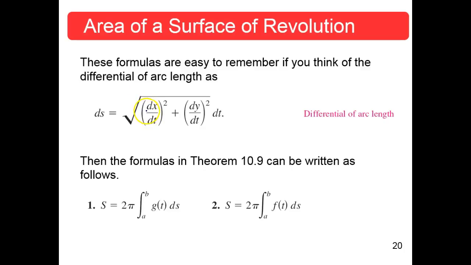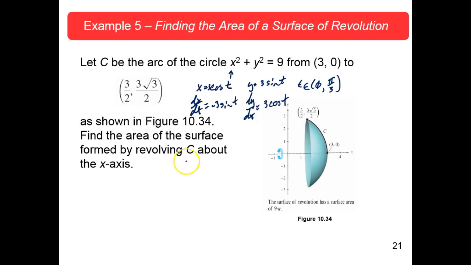So dx dt squared would be what? Not that hard either. 9 sine squared t, right? And dy dt squared will be 9 cosine squared t, right?